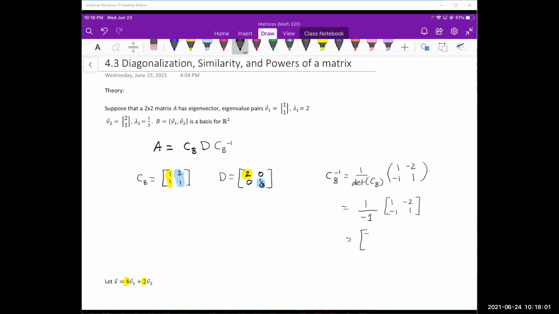And so we end up with negative 1, 2, 1, negative 1. Okay, and we're able to now write down A as a matrix multiplication. So it's going to be equal to 1, 1, 2, 1 times this diagonal matrix times the inverse of our coordinate map.